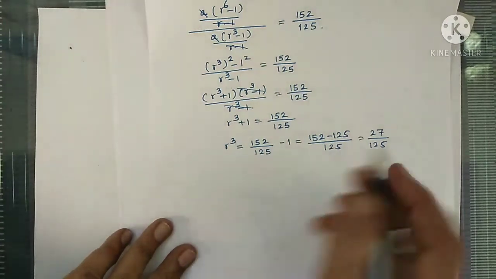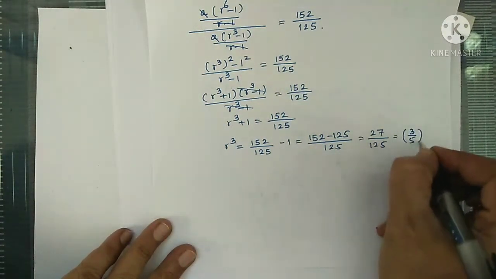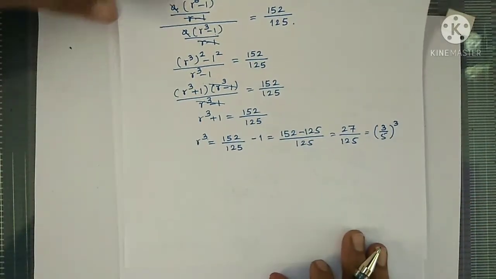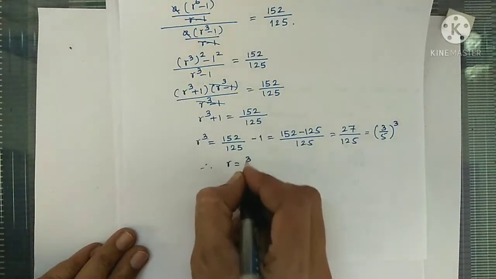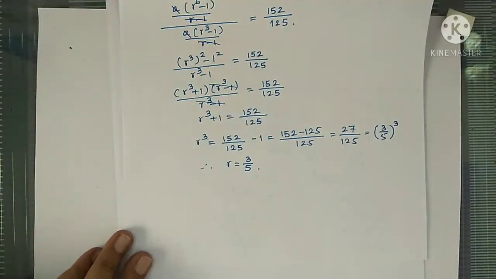Now here the index is 3, so this is (3 by 5) cube. 3 cube is 27 and 5 cube is 125. So the value of r is 3 by 5, which was asked. So r is 3 by 5, using the formula for Sn.